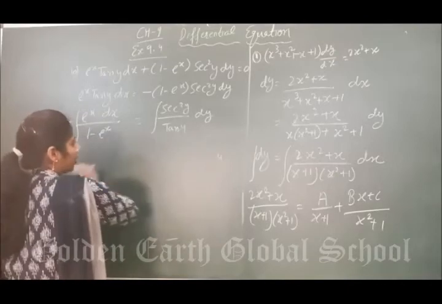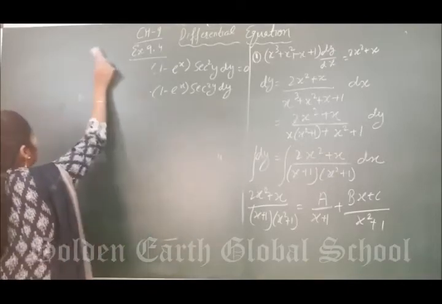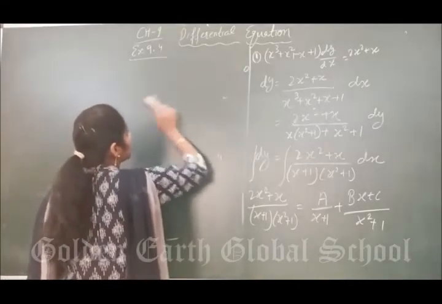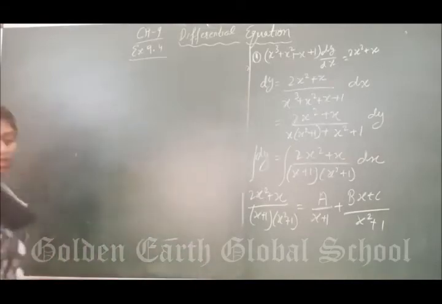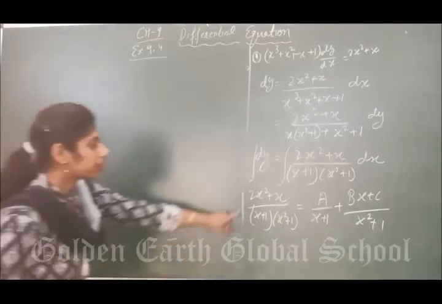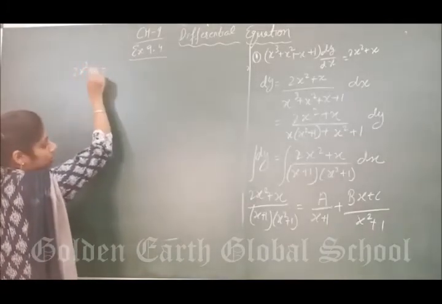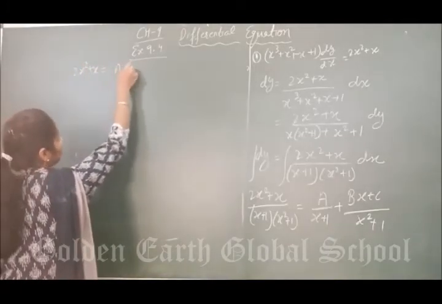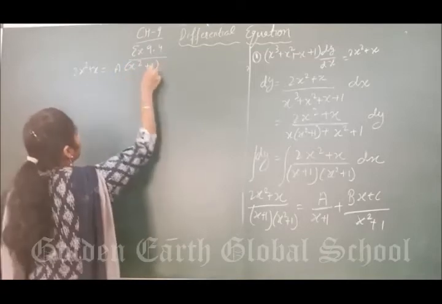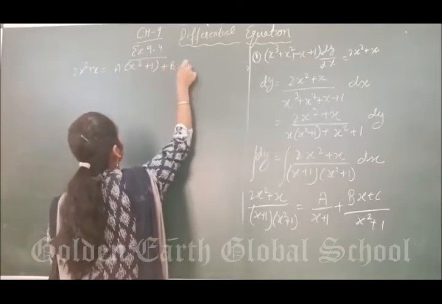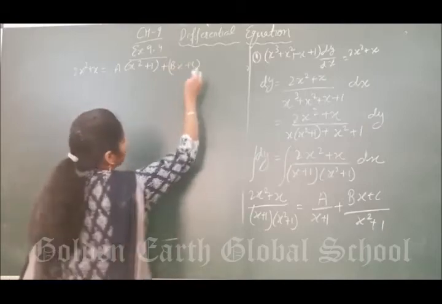You have to make 3 equations because there are 3 constants which we have to find. First of all, simplify it. 2x² + x equals A(x² + 1) plus (Bx + C)(x + 1).